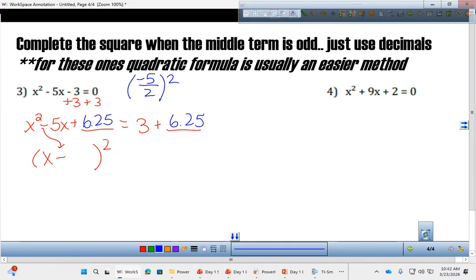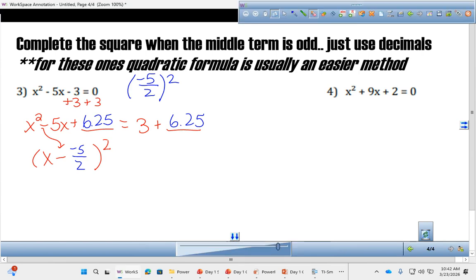This number that goes here is always going to be half of this number. Right? Because when I said, how do we split up the -5? We said -2.5 and -2.5. That's why it's -2.5 squared. So this is half of this.